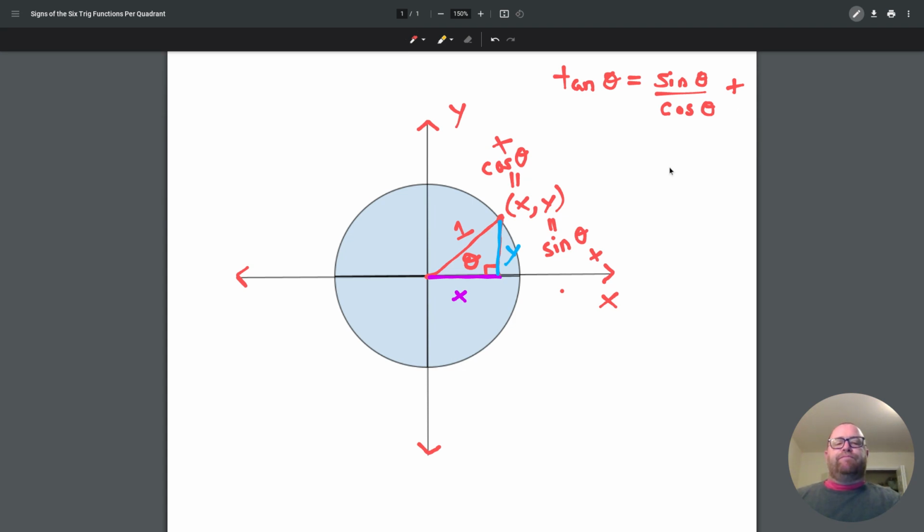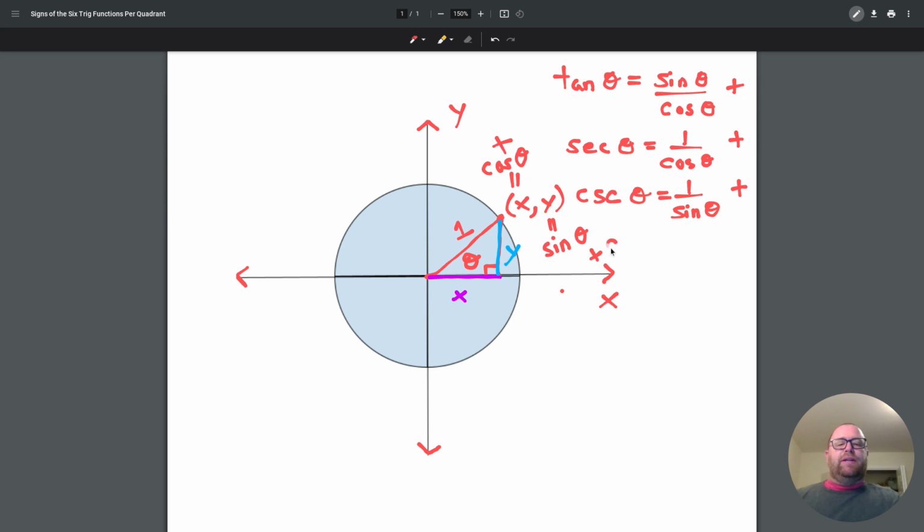The secant of theta is 1 over the cosine of theta. So that's positive. The cosecant of theta is equal to 1 over the sine of theta. So 1 divided by a positive number is a positive number, so that's positive.